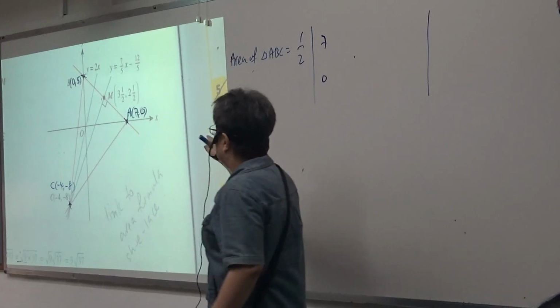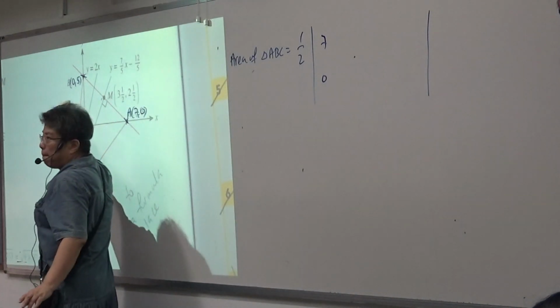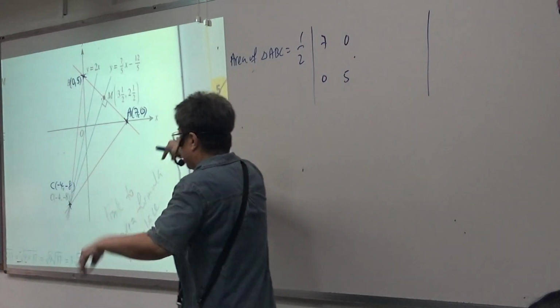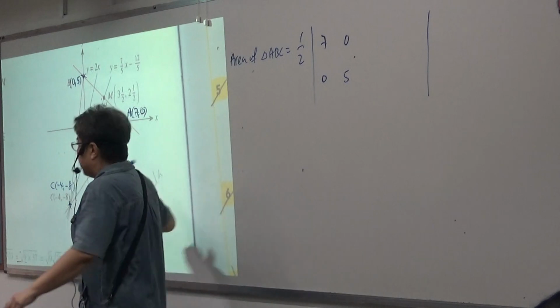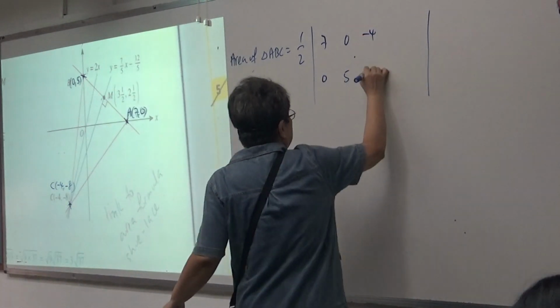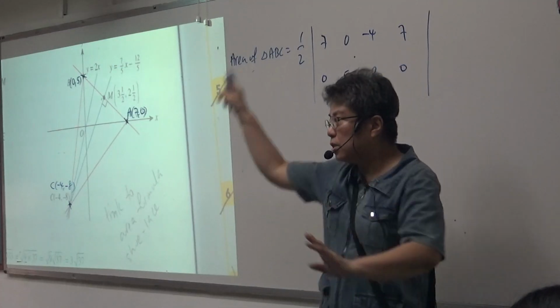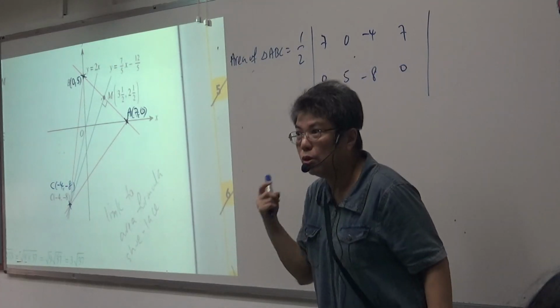Then anti-clockwise you go here, then you write 0, 5. The last coordinate is negative 4, negative 8. Not enough. You must repeat the first one. That is one loop. You understand?